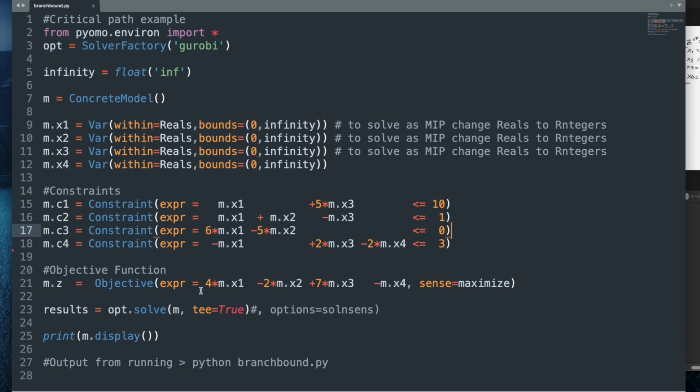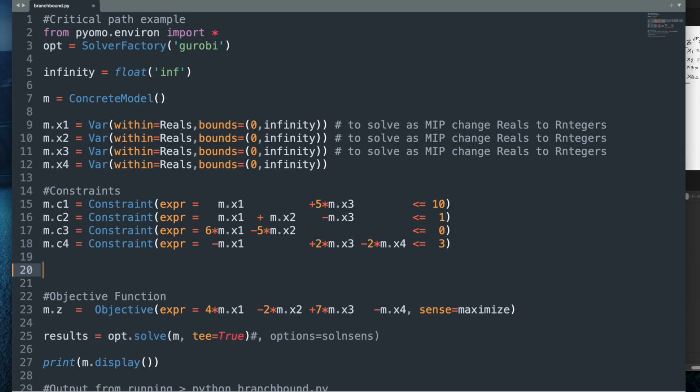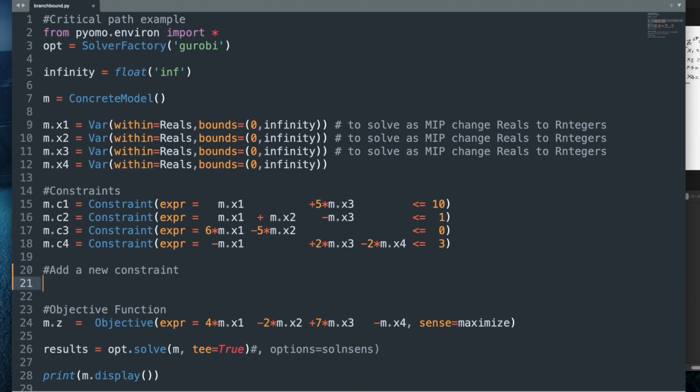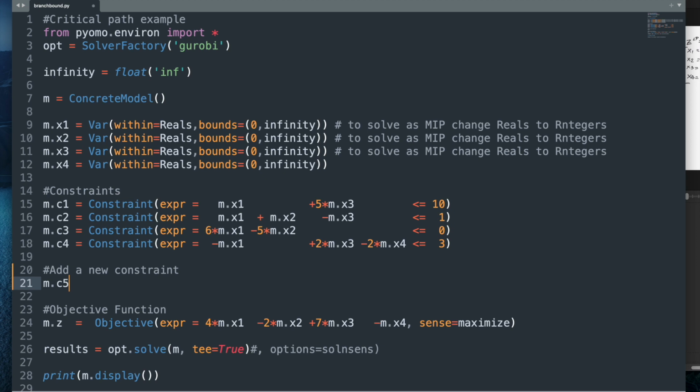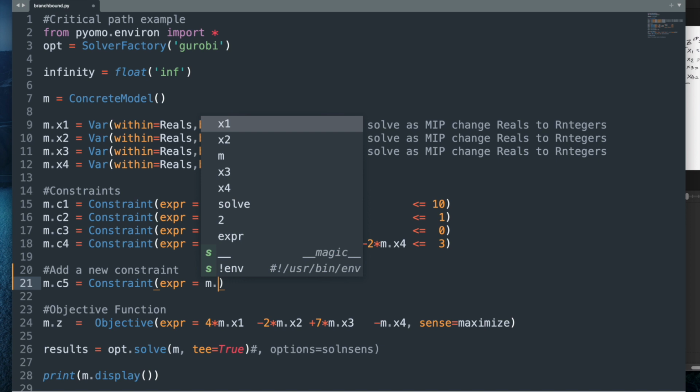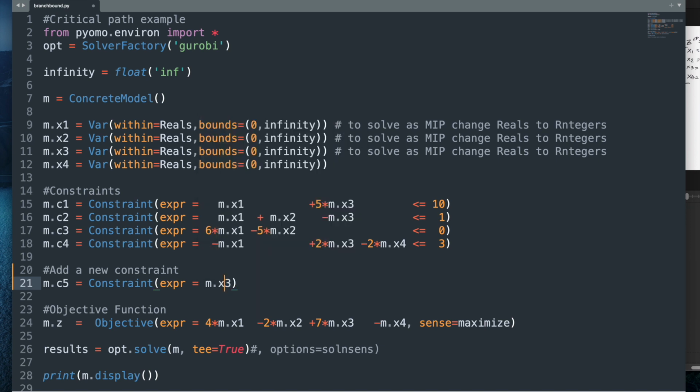Okay, so now we want to solve that subproblem B, right? In order to solve subproblem B, we need to add a new constraint that I'm going to call constraint 5. This constraint has an expression that is equal to model.x3, that's the decision variable that I want to add the constraint on, should be less than or equal to 1.